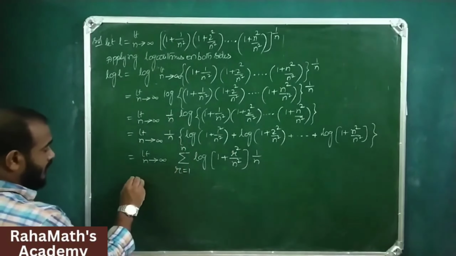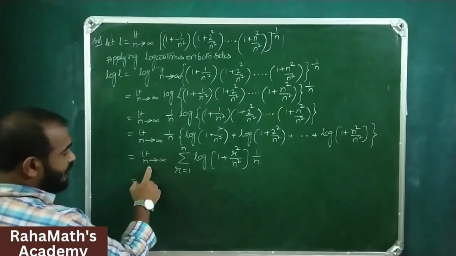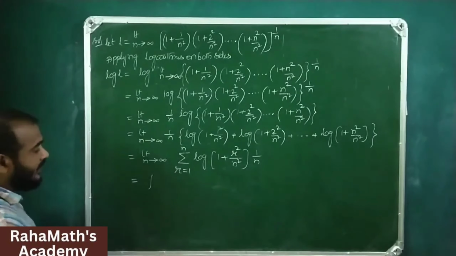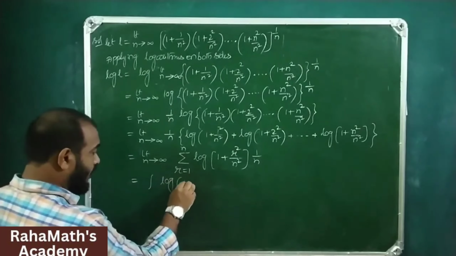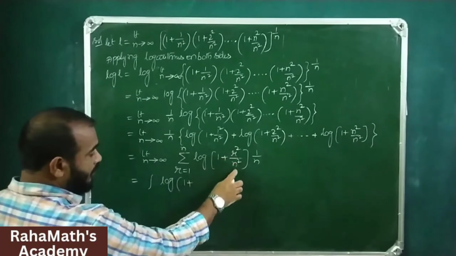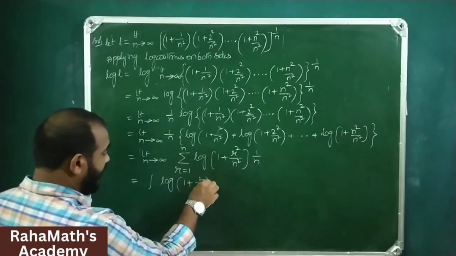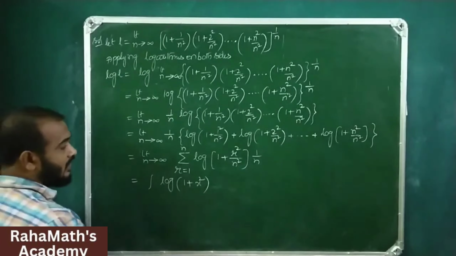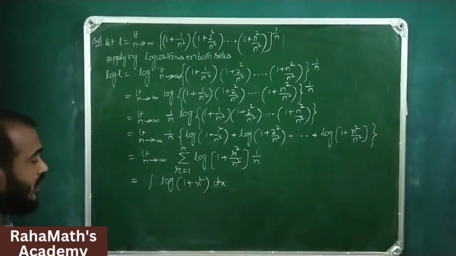Therefore this is equal to, now limit n tends to infinity, sigma becomes the integral symbol: log(1 + (r/n)²), where r/n is replaced with x, so x², and 1/n is dx. Now substitute the limits.